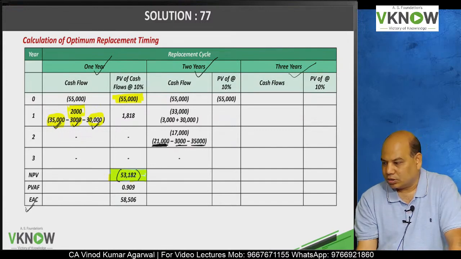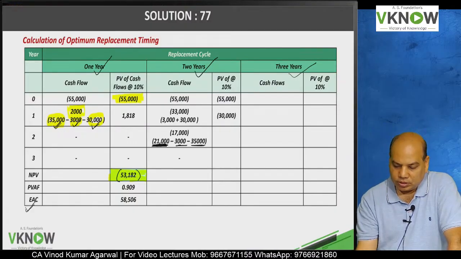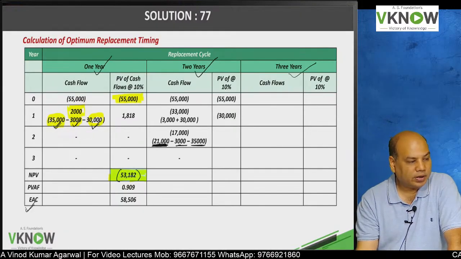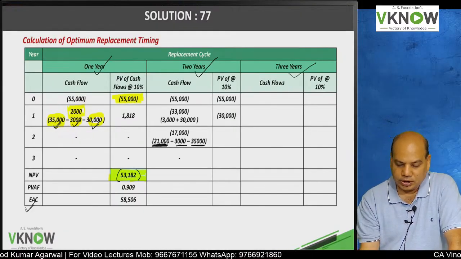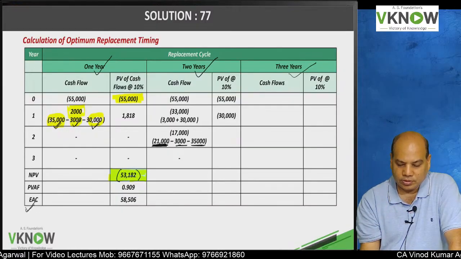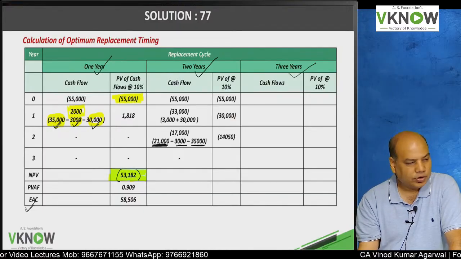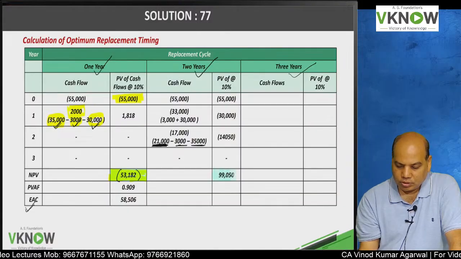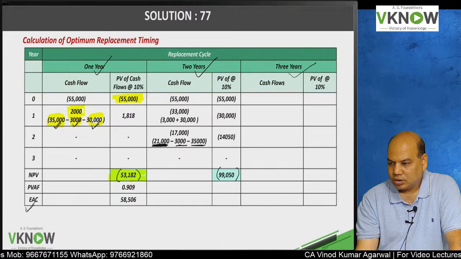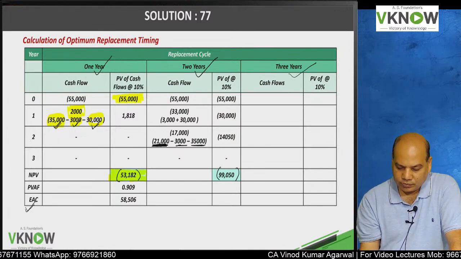Now just compute the present value. 55,000 is the same. 33,000 divided by 1.10 is 30,000. 17,000 divided by 1.10 squared equals 14,050. Total is 99,050.